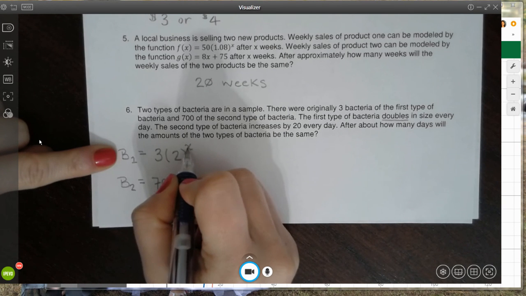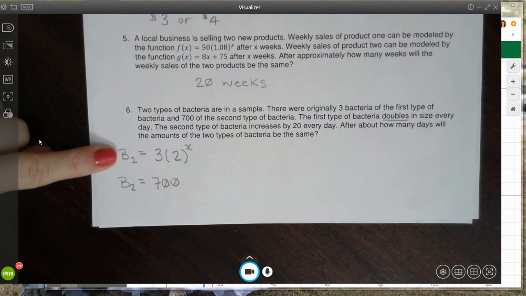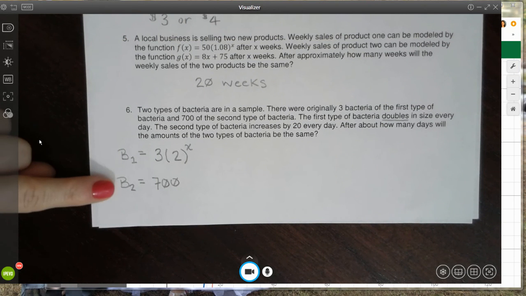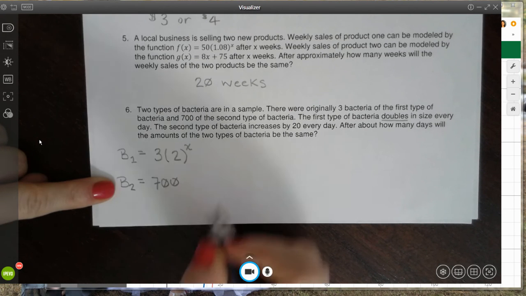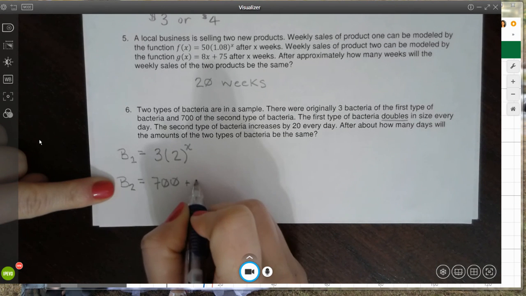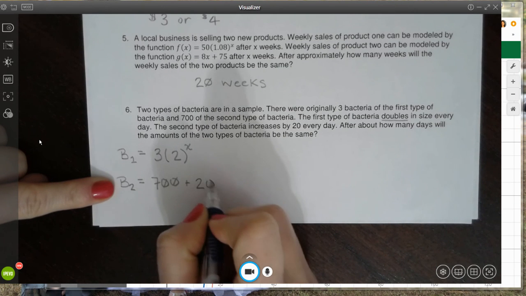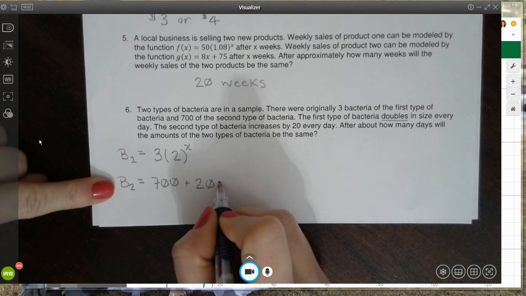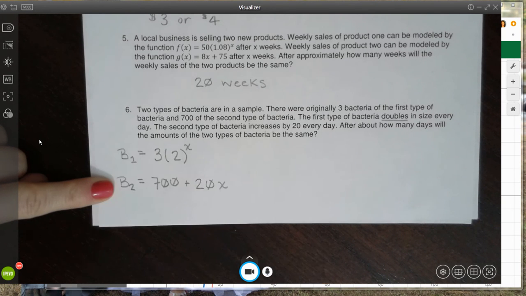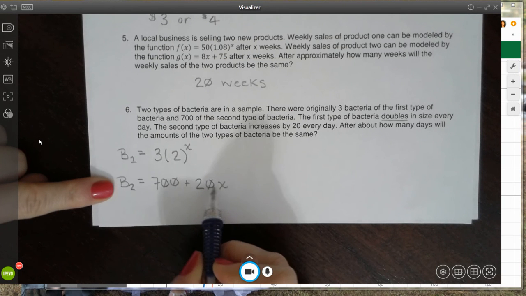So my exponent is just x. My second type of bacteria increases by 20 every day. That is a keyword to tell me that this is a linear function. So 20 is my common difference, and that's happening every day. So then that's going to be increasing by 20 every day.